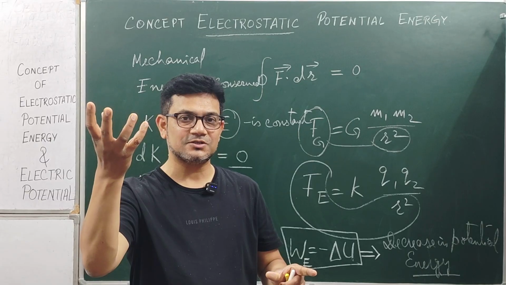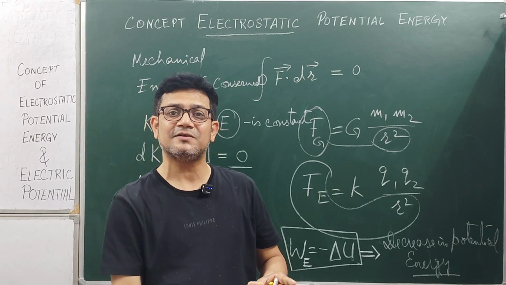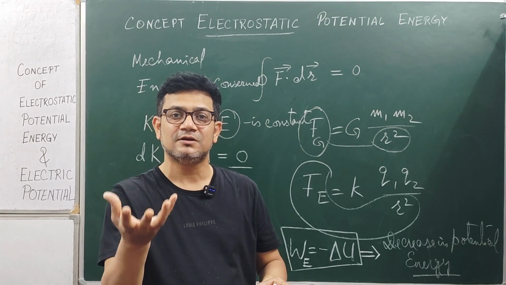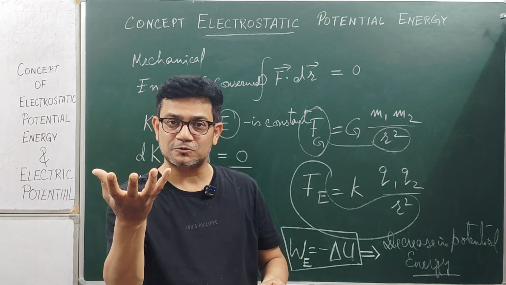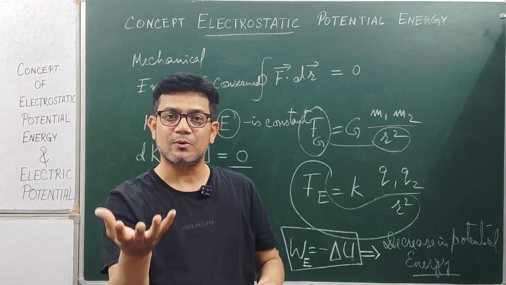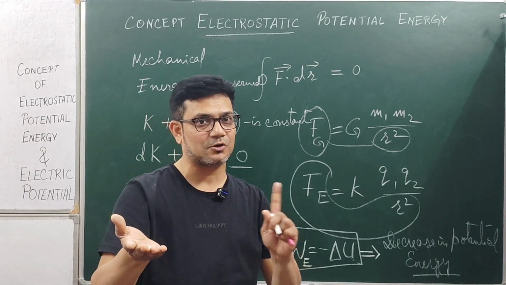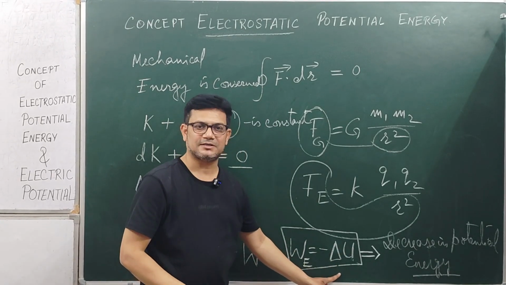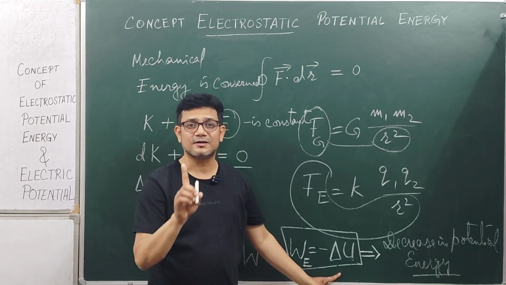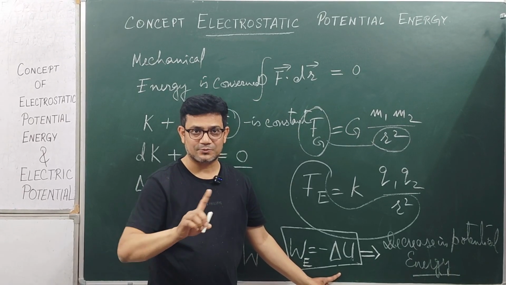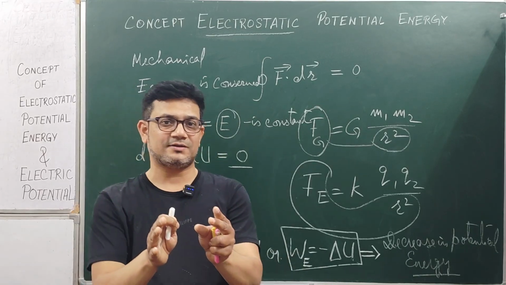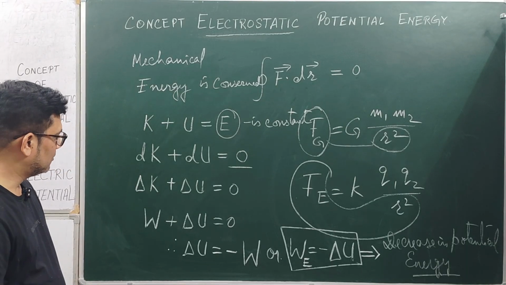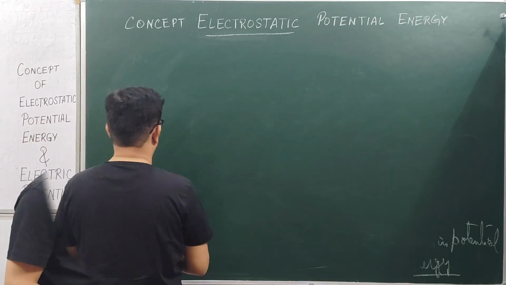But when we take into consideration the work done by the conservative field itself, which means the force acting is the conservative force, and the work is done by the conservative force, not the external force, then there is a decrease in potential energy. Extremely connecting concepts that we need to know, before we move on to an expression, about how the quantities are related. I have a charge here.